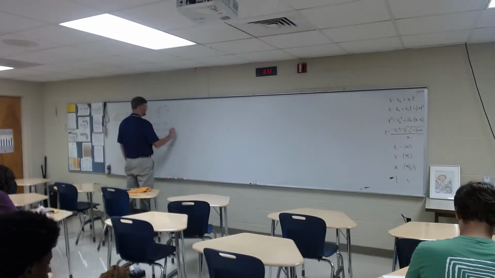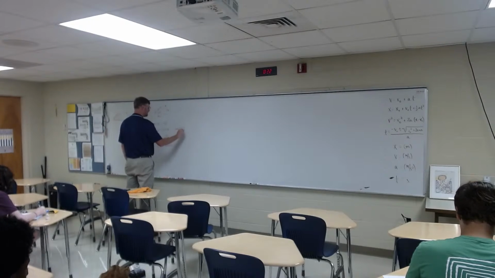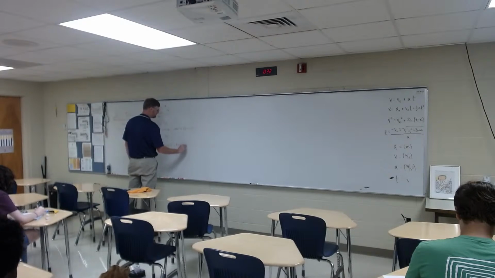So this is 200 meters per second times the sine of 25 degrees. This is 200 meters per second times the cosine of 25 degrees.